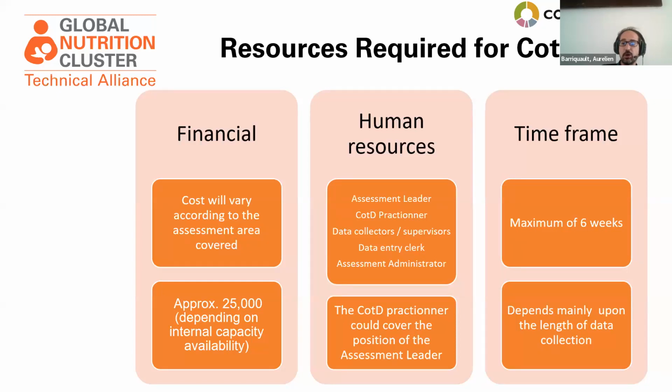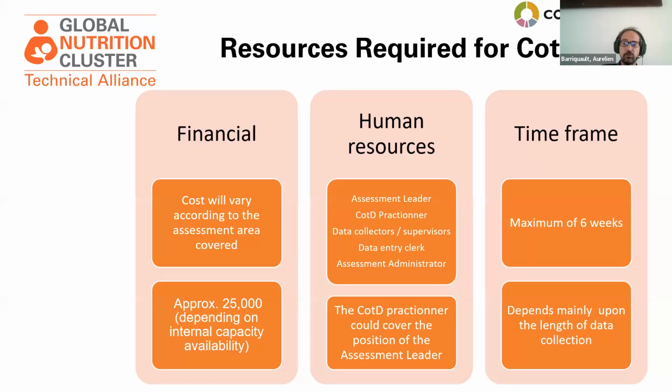In terms of time frame, we estimate that a maximum of 6 weeks should be enough. But again, it really depends on the number of markets that you need to cover and target. It will also depend on the number of foods.